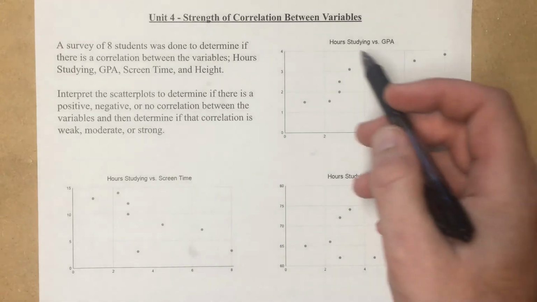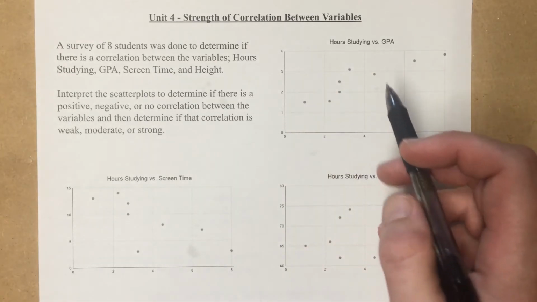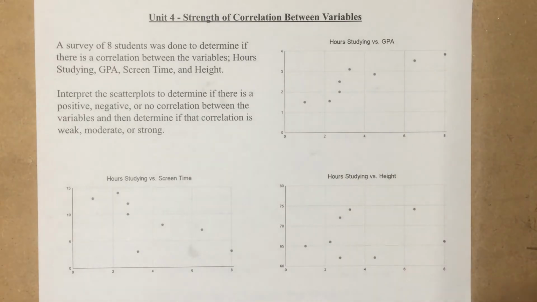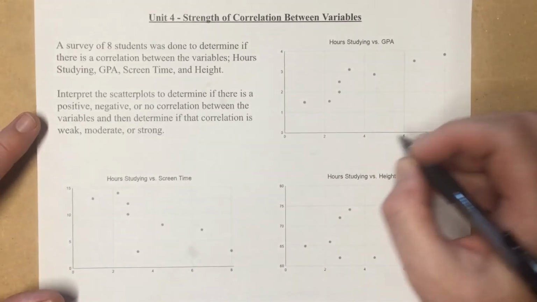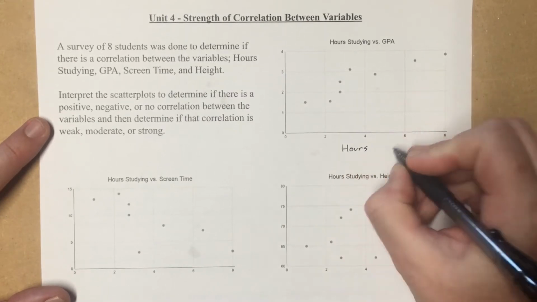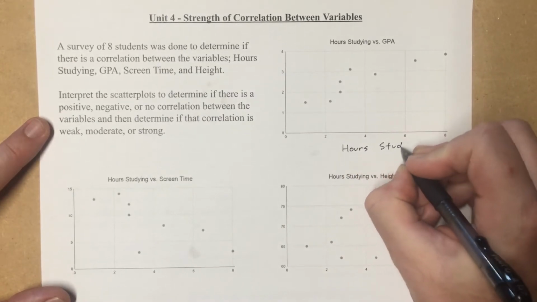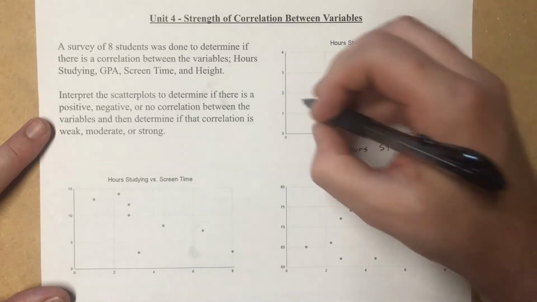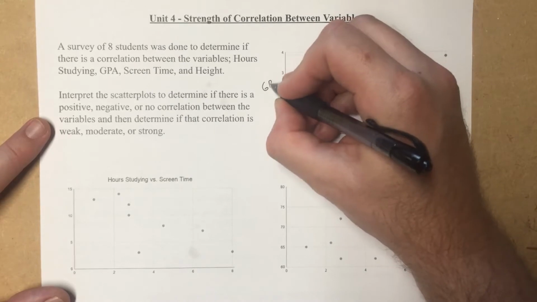All right, so in our first scatter plot, we have the relationship between hours studying versus GPA. So I'm going to label my scatter plot here. I know that this is our hours studying, and we're going to see how that affects our GPA.